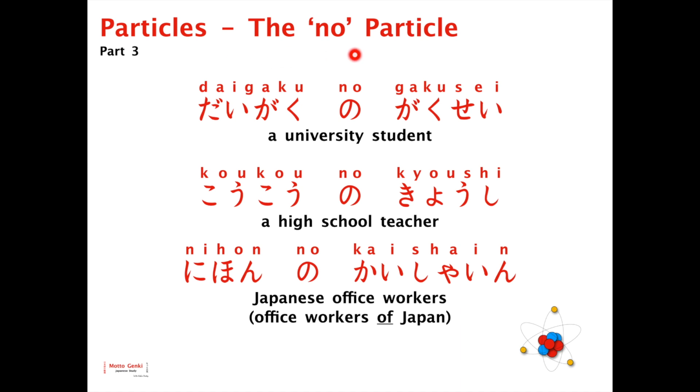However, because it's this order, the gakusei, student, is the main idea. So if I were to say a university student is busy, it's the student that's busy, not the university. And again, if I said a high school teacher is friendly, it is the teacher part that is friendly, not the high school. It's the main idea.